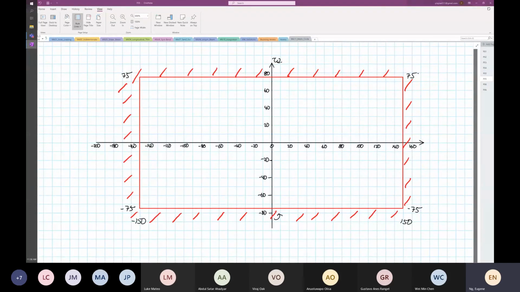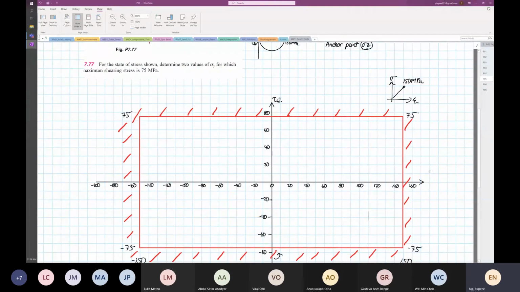So if we were to draw stress strain curve, strain and stress, we know that over here this will be our 150 megapascal on the stress strain curve that I've drawn that you cannot see now. That is our stress strain curve. So how stress strain curve relates to Mohr circle is this way. We cannot go beyond the shear of 75 and the normal stress of 150.